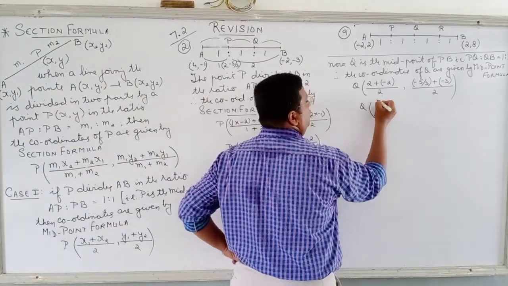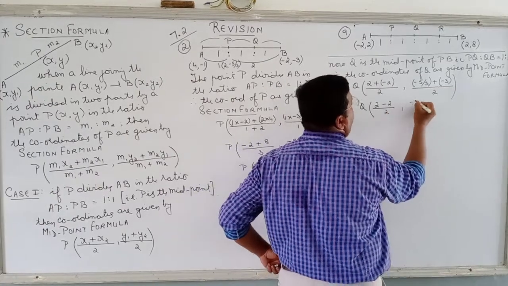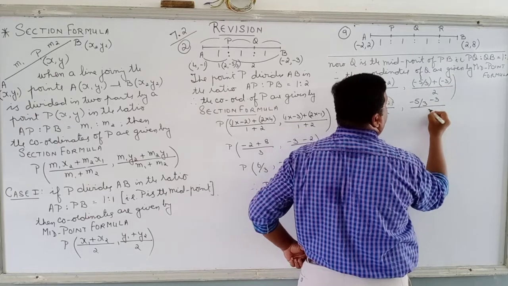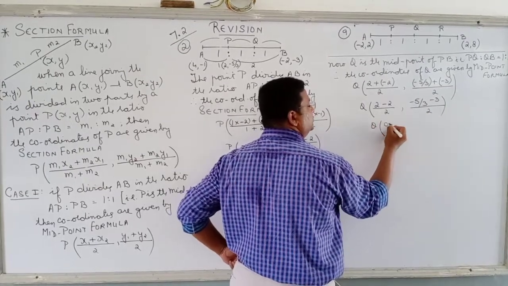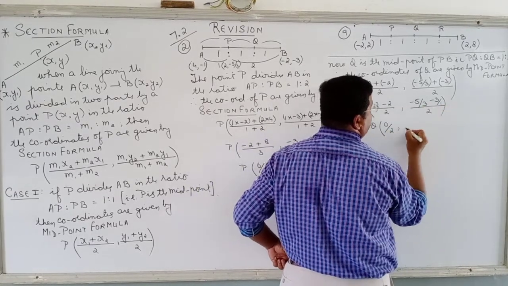Q is (2 plus 0 upon 2, minus 5/3 plus minus 3 by 2), which is 2 upon 2, comma minus 5/3 minus 3 by 1... The LCM is 3.